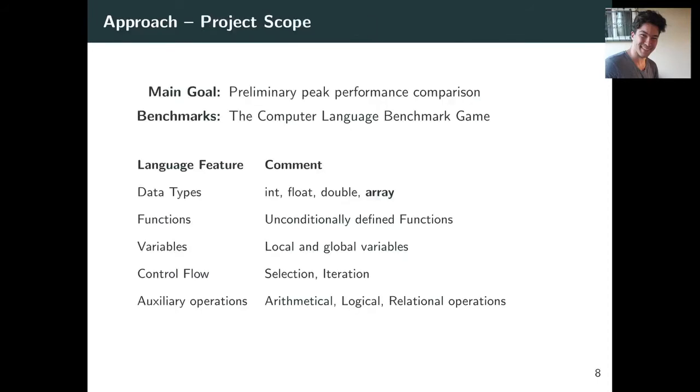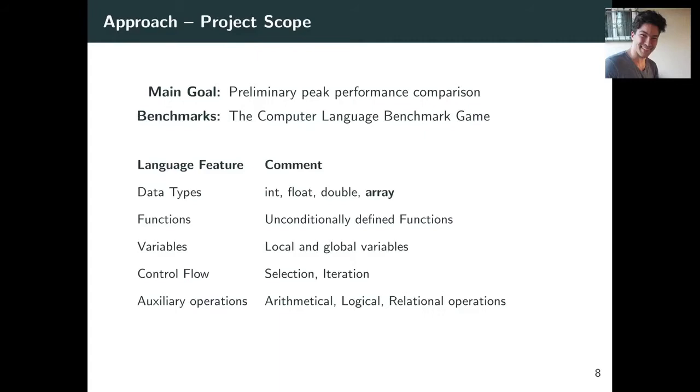So when determining the scope of this project, we systematically analyzed popular benchmarks by the computer language benchmark game. These are often used by VM authors as optimization targets because implementing the whole specification was not feasible in the scope of our work. So what we've done is we analyzed benchmarks and selected key language features that were used in these benchmarks.